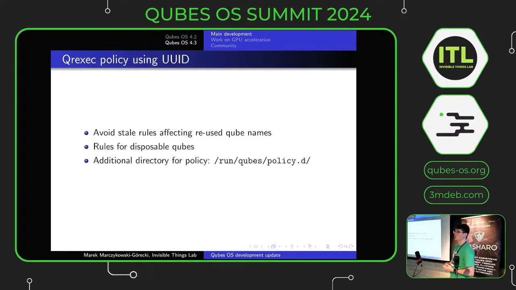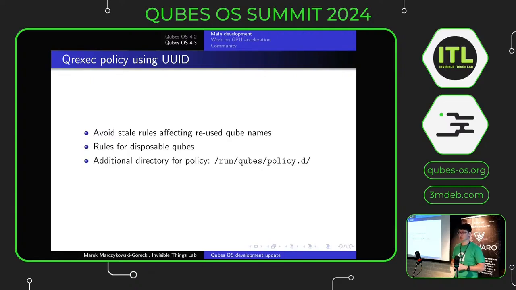Qrexec policy using UUID. This is, I would say, a technically small change, but I think quite important, because when you create some policy for Qrexec that this qube can, I don't know, send a file to another qube or connect to something, normally those policies are based on name, and you can create a qube with a given name, then remove it, and then create it again with the same name, and those policies would still apply, which may be what you wanted, but maybe not.